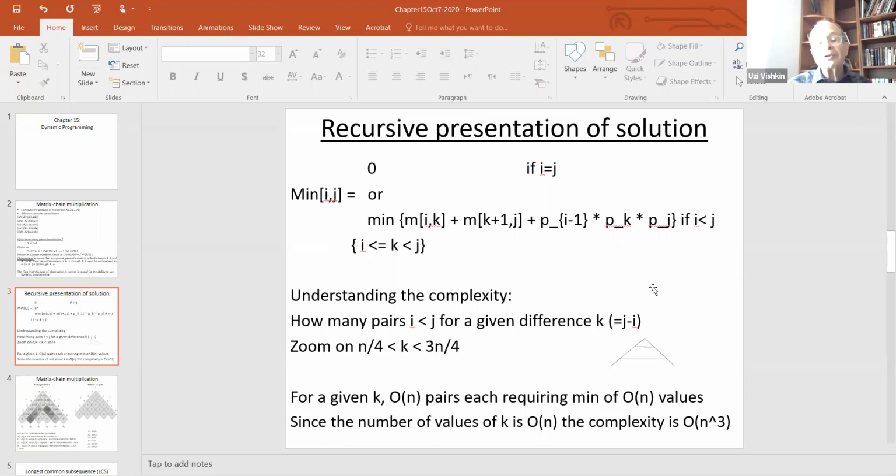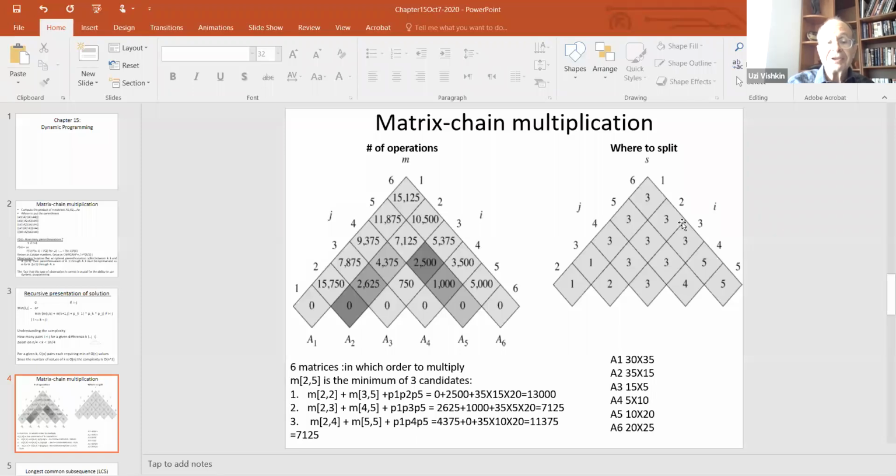So where do you see the n cubed hitting us? Let's think about it. When I look at these operations, when I'm very low, at this level, there is no choice. Here I just do matrix, so it's not the matrix multiplication complexity, of course. It's the complexity of figuring out the dynamic programming.